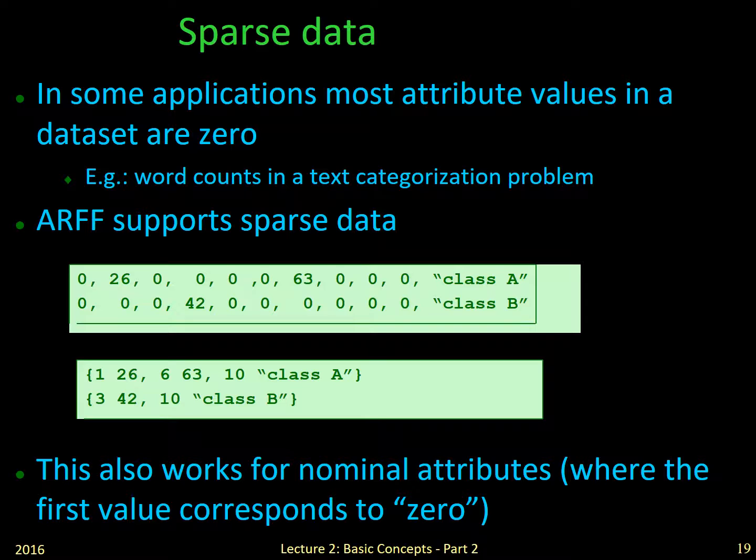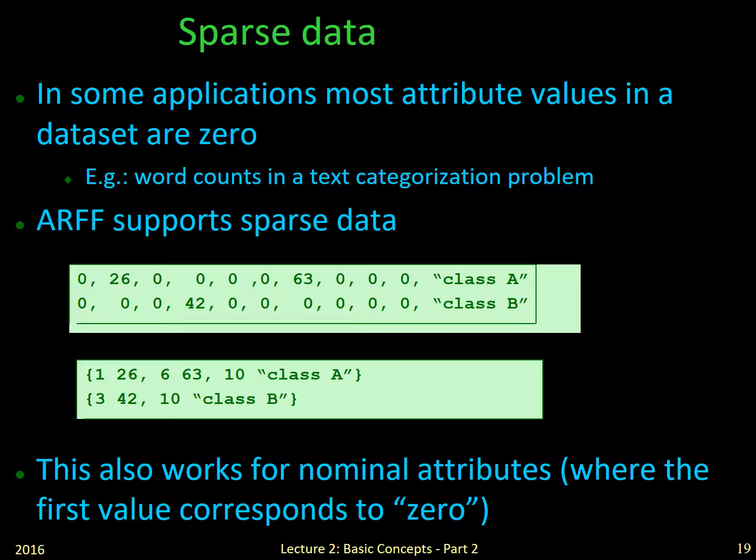Weka supports sparse data formats, and if you compare the two pictures on the screen, you can see that in the first one, 0 26 0 0 0 63 and so on, all the non-present words, which we assume are 0 for words that are absent from a text, are written explicitly.